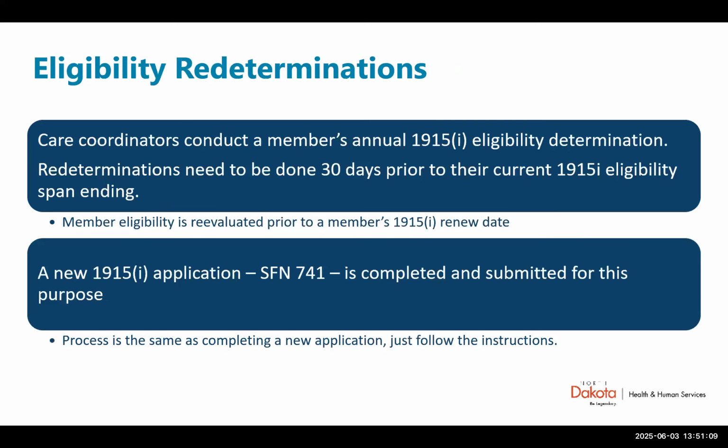Care coordinators help with eligibility redeterminations. Redeterminations need to be done 30 days prior to a member's current 1915i eligibility span ending. Members will receive a notice before it ends. Basically, the best way I like to describe it is that the process is completely the same for redetermination as determination.